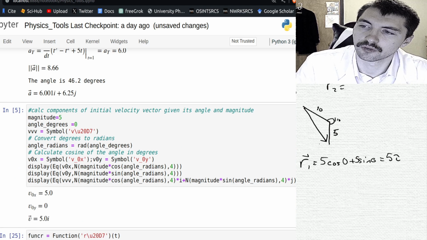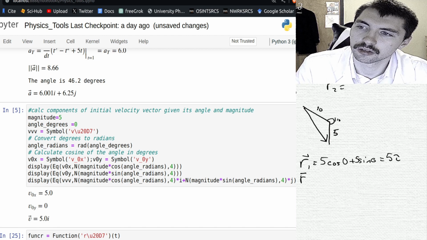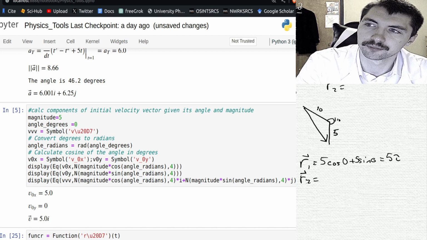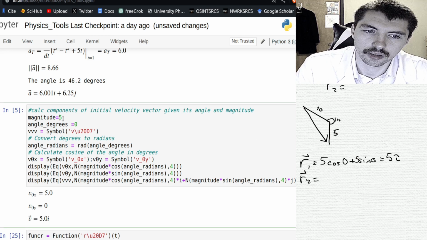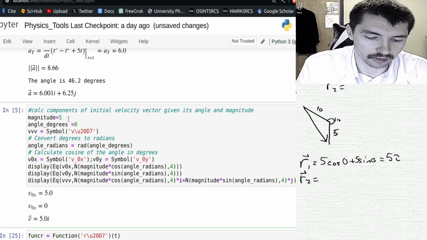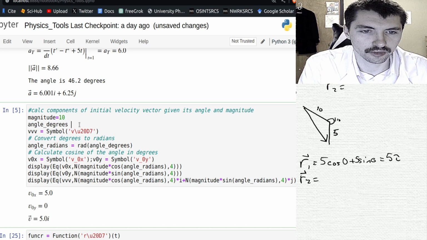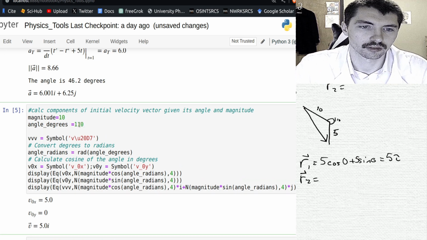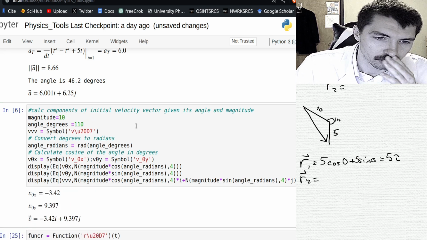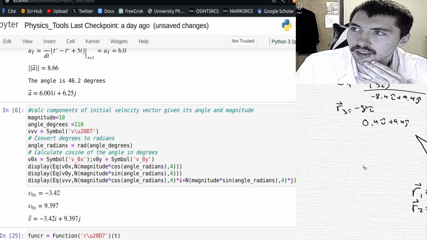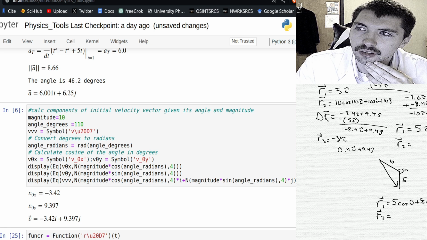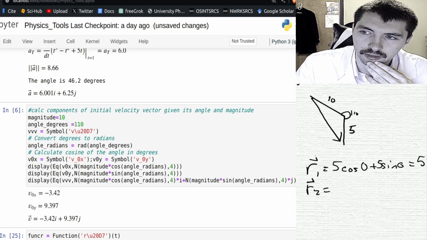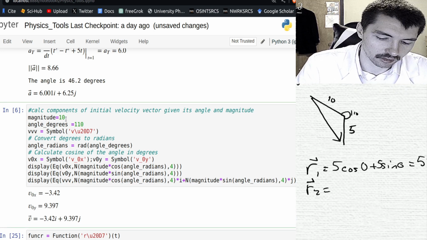Pi R2. Is it 10, 110, or is it 15, 110? 8.429. We've gotten that before. 3.4 and 9. Okay. What if it's 15?